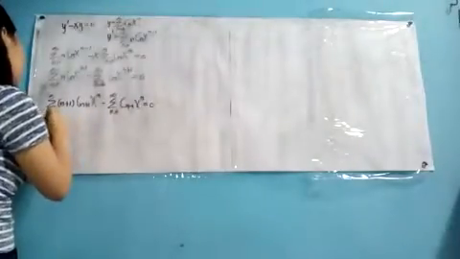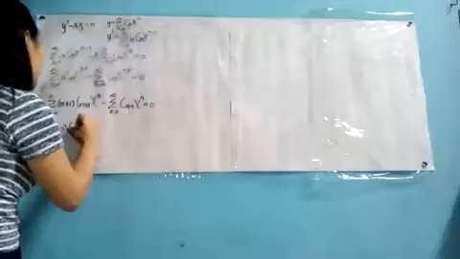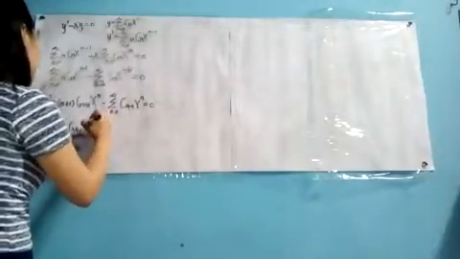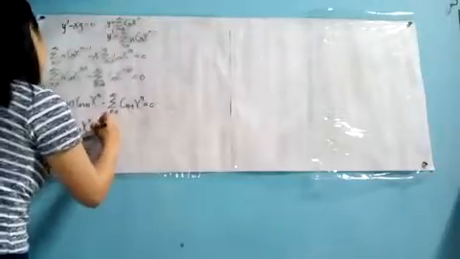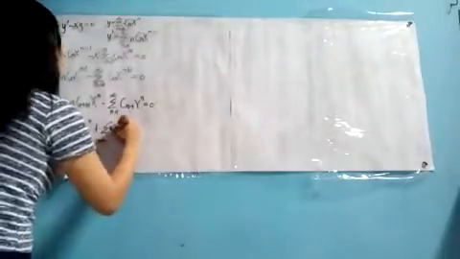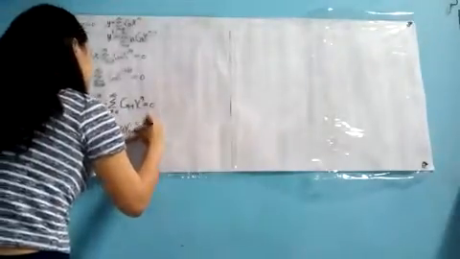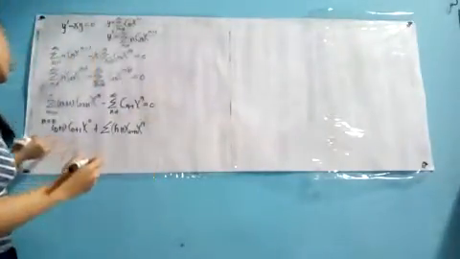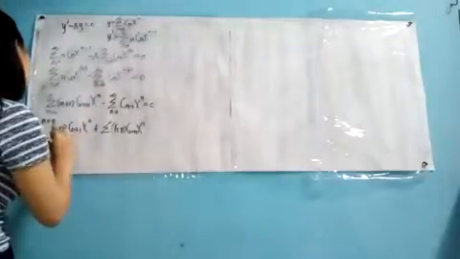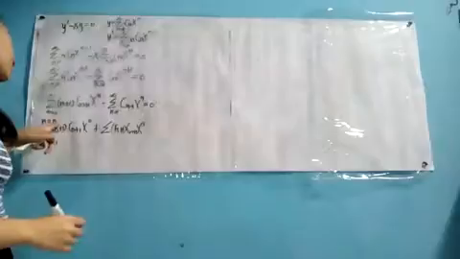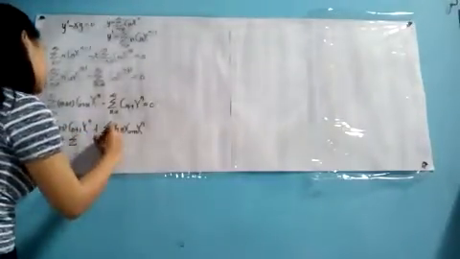Where n is equal to 0, 0 plus 1 times c0 plus 1 times x raised to 0, plus this expression, n plus 1 cn plus 1 x raised to n. When we simplify this, it will become c1, because 1 times c1 times 1 is c1.